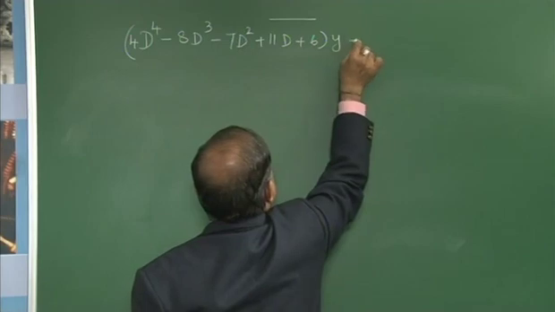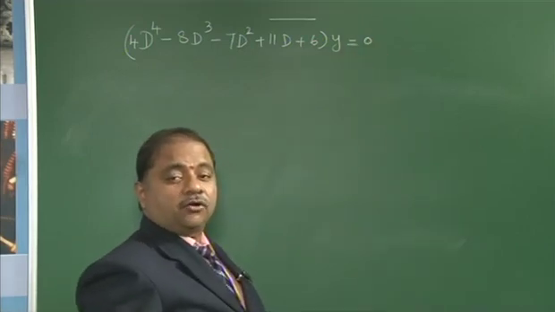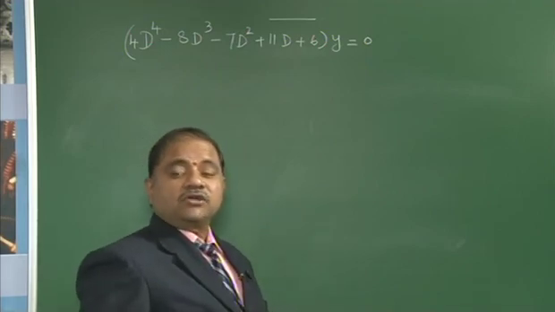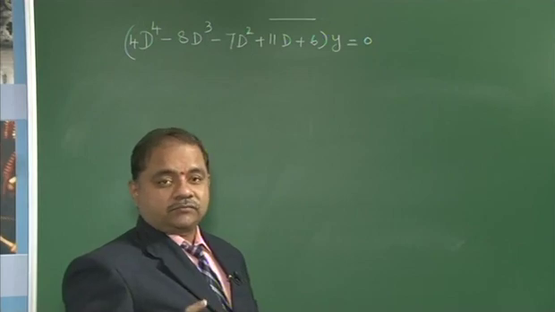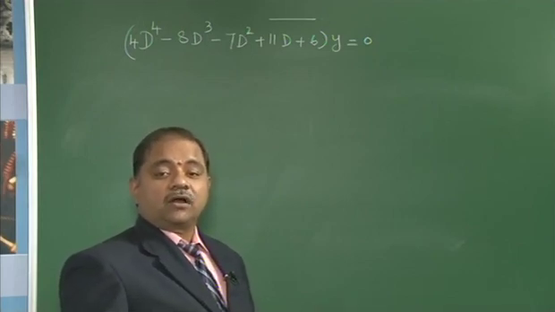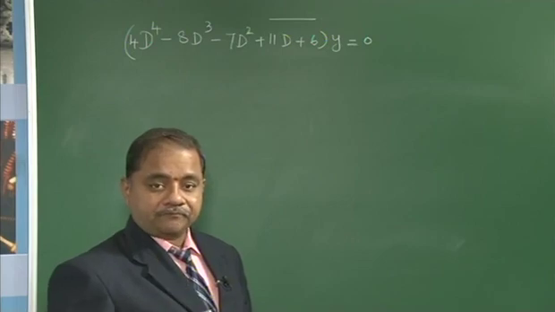That is the difficult task. 4D power 4 minus 8D cube minus 7D square plus 11D plus 6. Your calculator can give only 3 roots at most. So for a fourth order equation I should find one root through the synthetic division method.